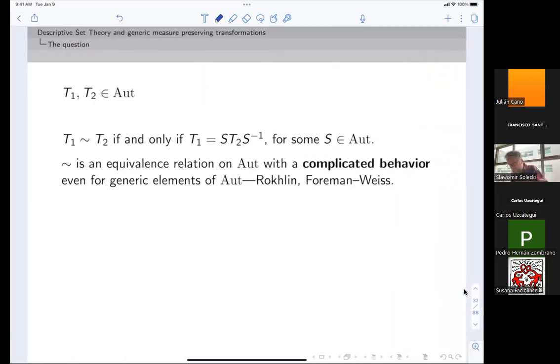But that's not possible. This relation is known to have a complicated behavior. Even for a generic element, so even if you throw away a meager subset of Aut and leave only a comeager set, no matter what meager set you throw away, on what is left, this equivalence relation will have a complicated behavior. And let me not go into it.